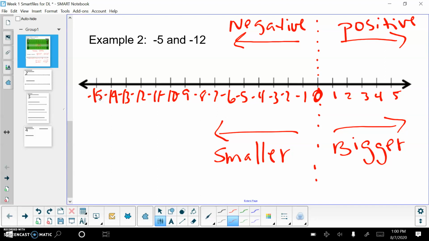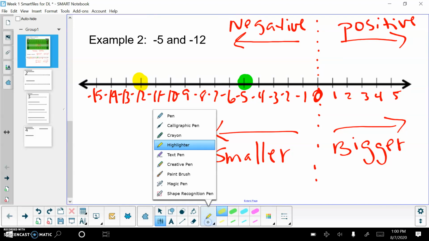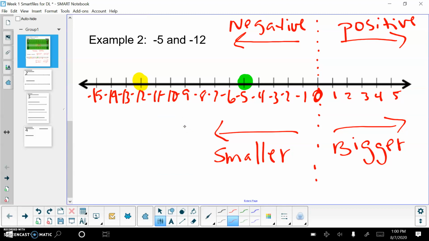So if I'm going to highlight my two numbers, I've got -5 and I've got -12. And really all that means is how far away are they from the 0? Because -5 is 1, 2, 3, 4, 5 jumps away. But because it's to the negative side, we say it's a -5.